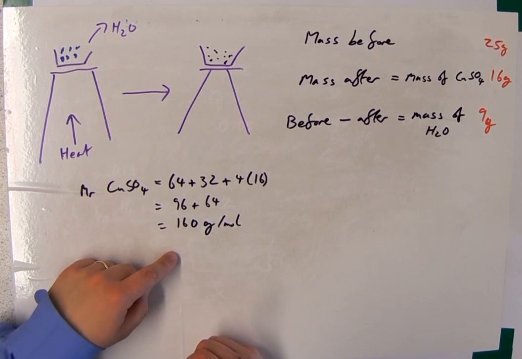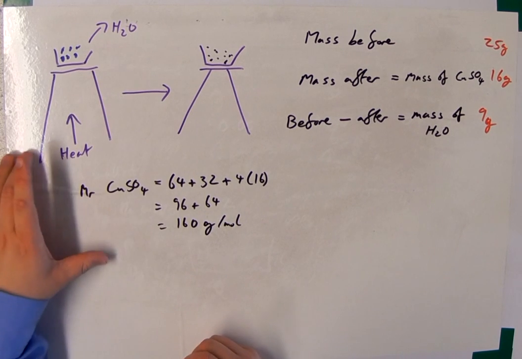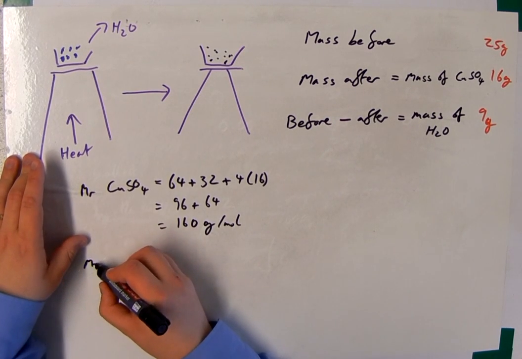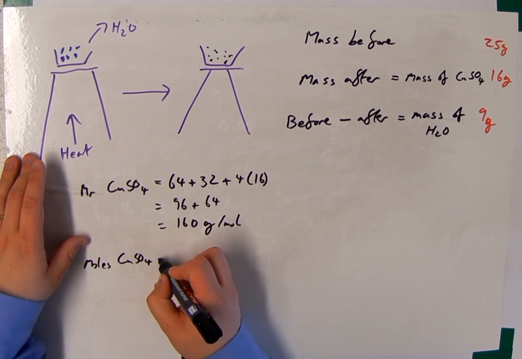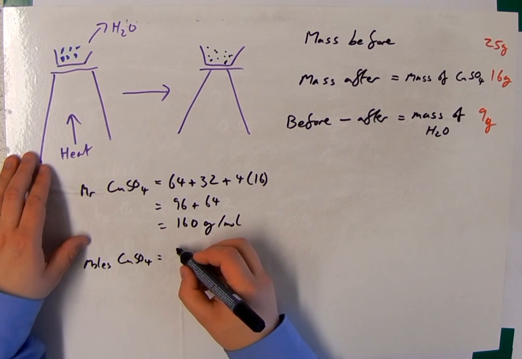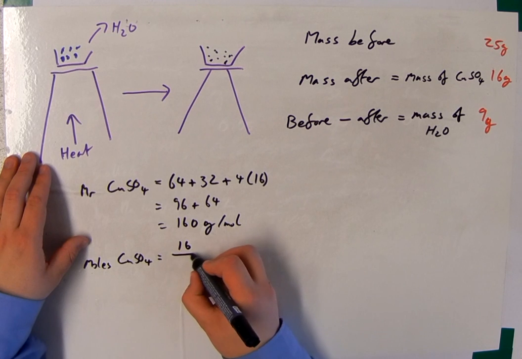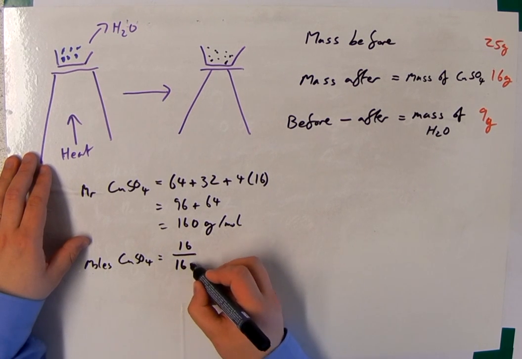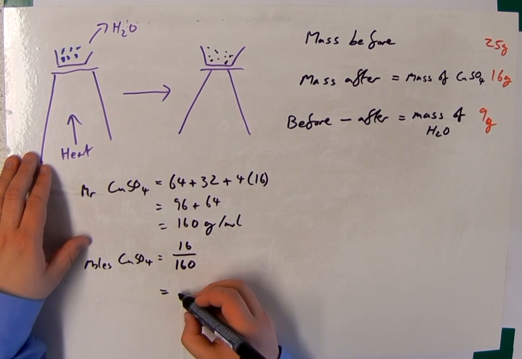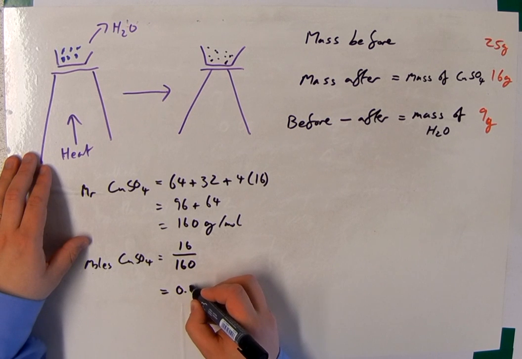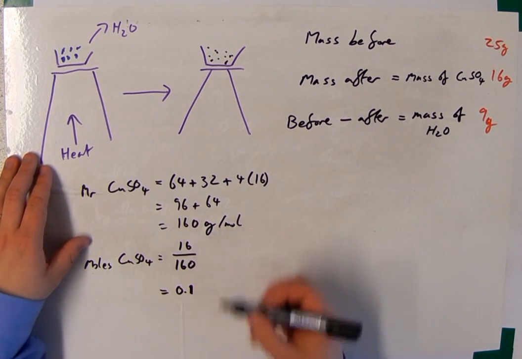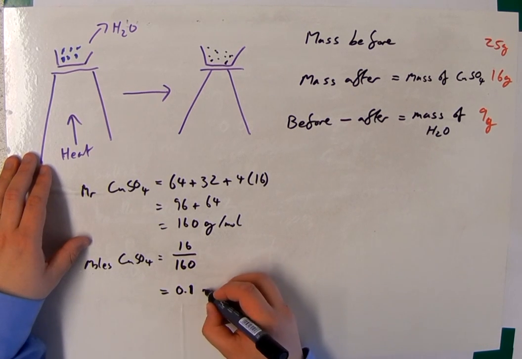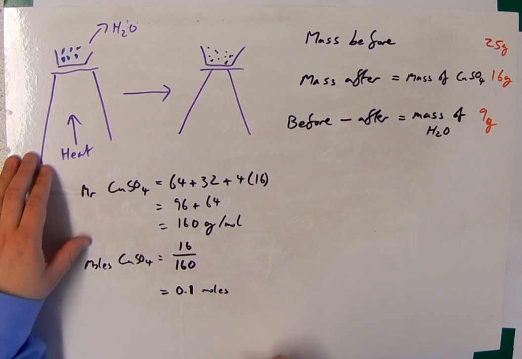If we take our relative mass, convert that into moles. So moles, copper sulfate is the mass that we've got divided by our formula mass. That's going to be 0.1 moles, because this is a tenth. So we have 0.1 moles of copper sulfate.